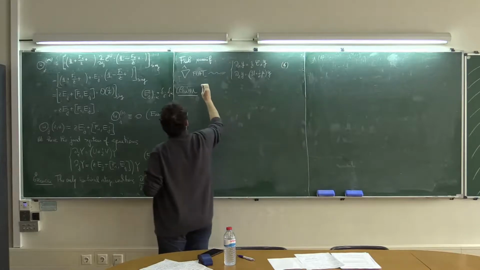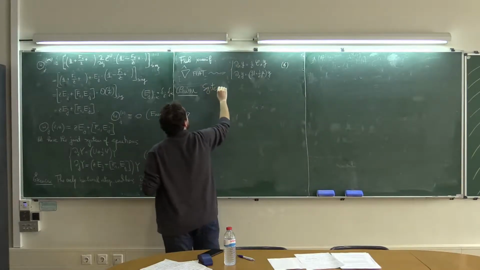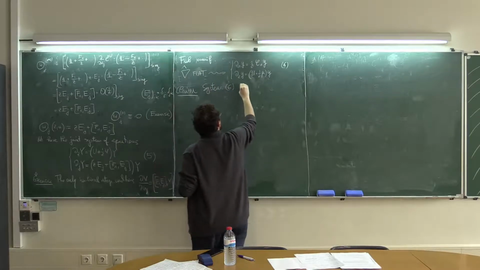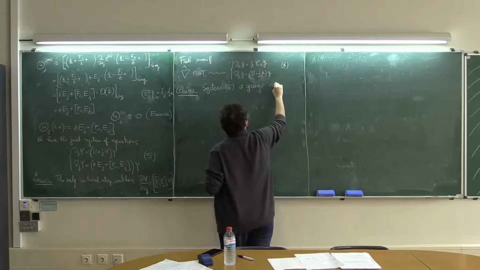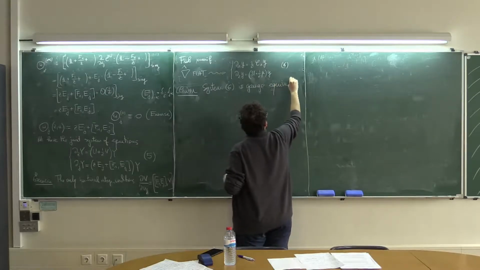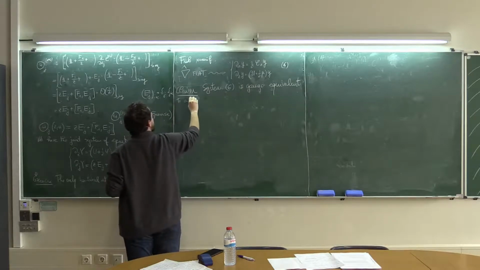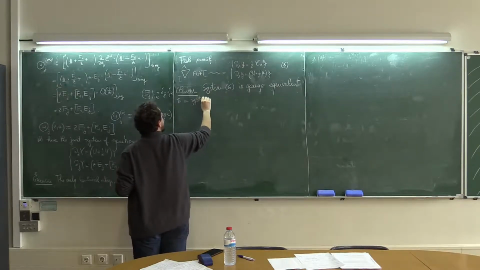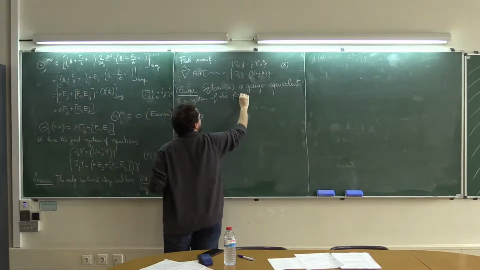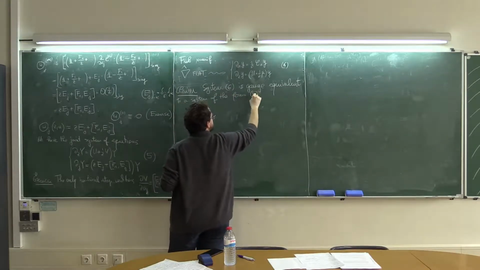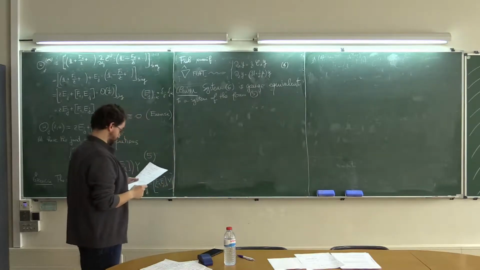So system 6 is gauge equivalent to a system of the form 5. And what is this gauge equivalence? It's the following.